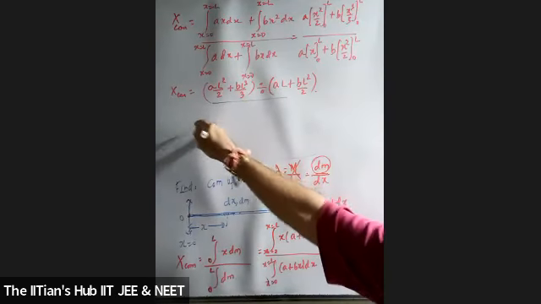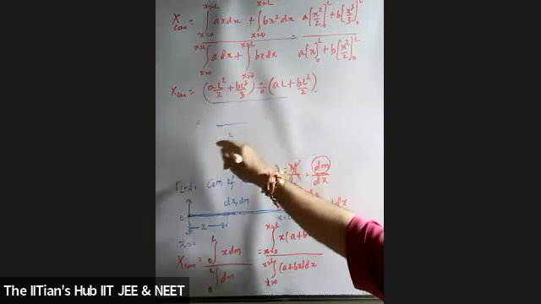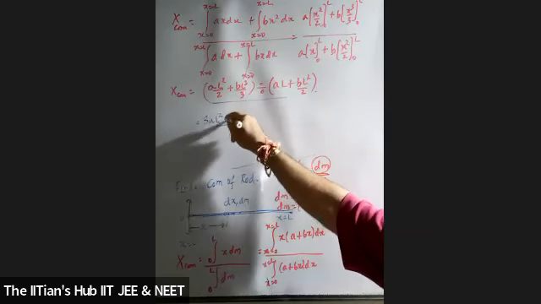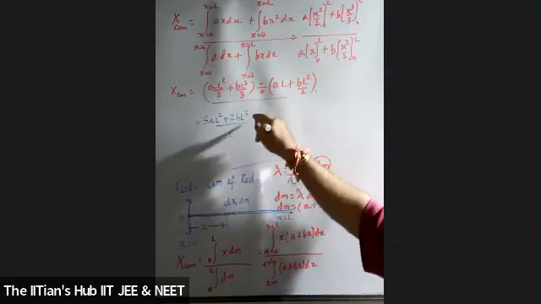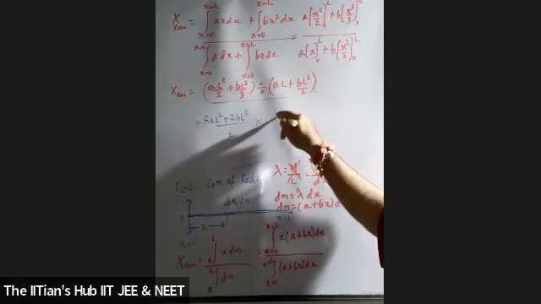So that will be equal to how much? Denominator is 6. So it will be equal to 3AL square plus 2BL cube upon 6 into 2AL plus BL square.